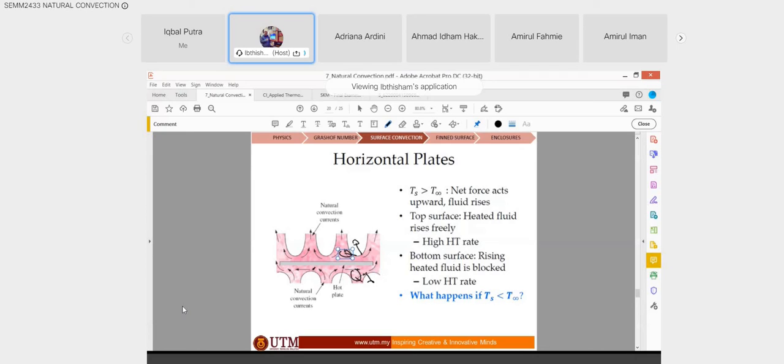Sebab dia Q kat bawah ni dia block by the surface. Sebab ingat bila hot air, dia punya tendency will go up. Sebab dia punya density adalah rendah. The tendency will go up. But it's blocked, therefore high dekat atas or top surface high transfer rate, dekat bawah low heat transfer rate.